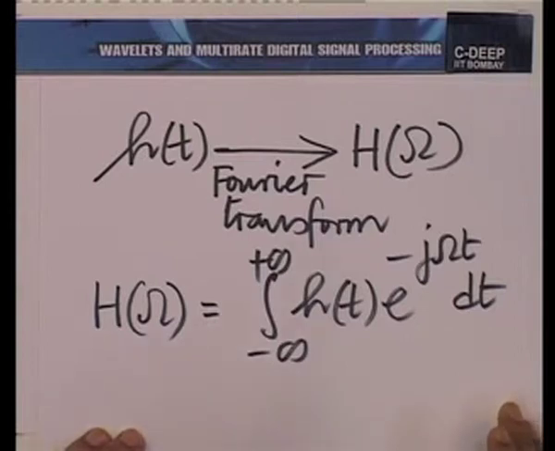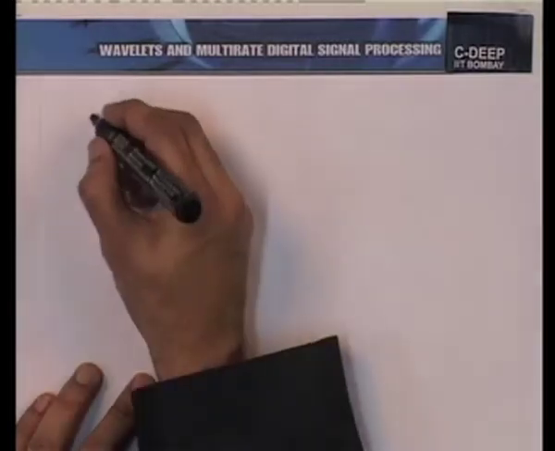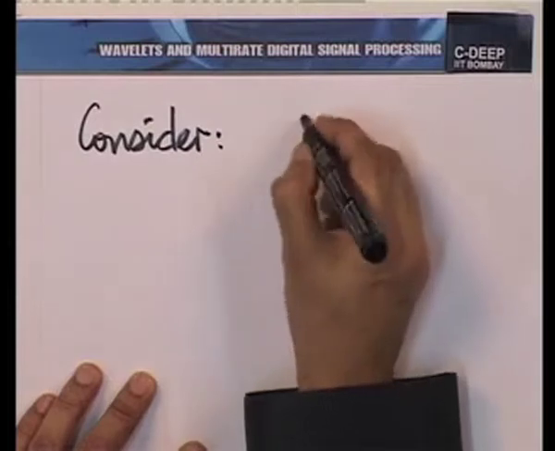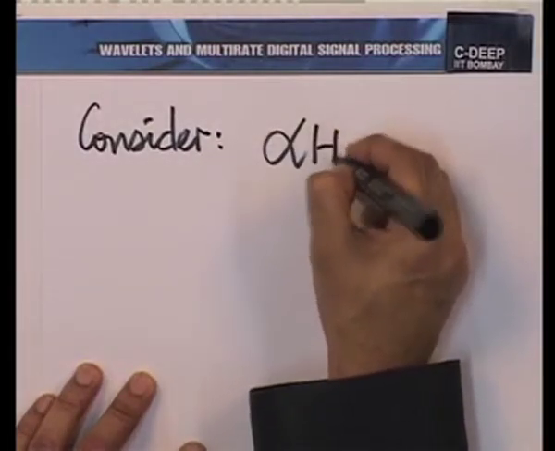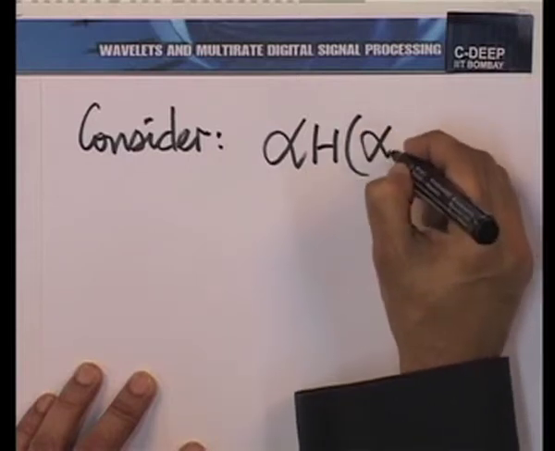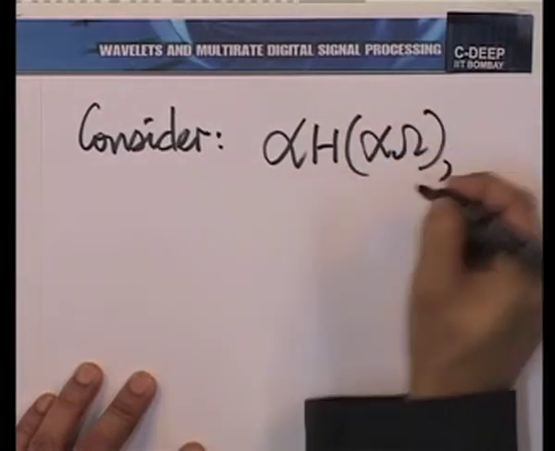And if we happen to consider alpha times h omega by alpha with positive alpha. So, what I am saying is consider alpha times h alpha times omega with alpha positive.